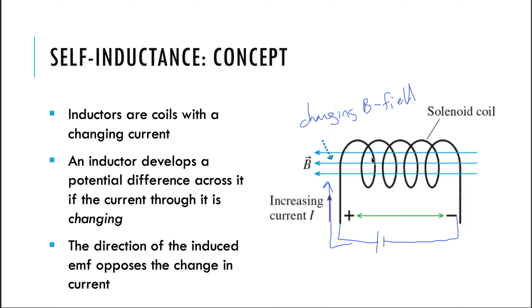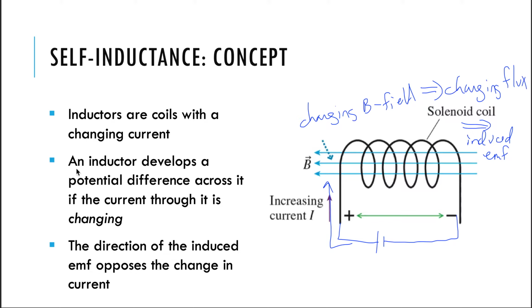It said if the magnetic flux through a loop is changing, then an EMF will be induced. So once there's a changing current through the loop, there's a changing magnetic field, which leads to a changing flux, which leads to an induced EMF. So that's the concept.